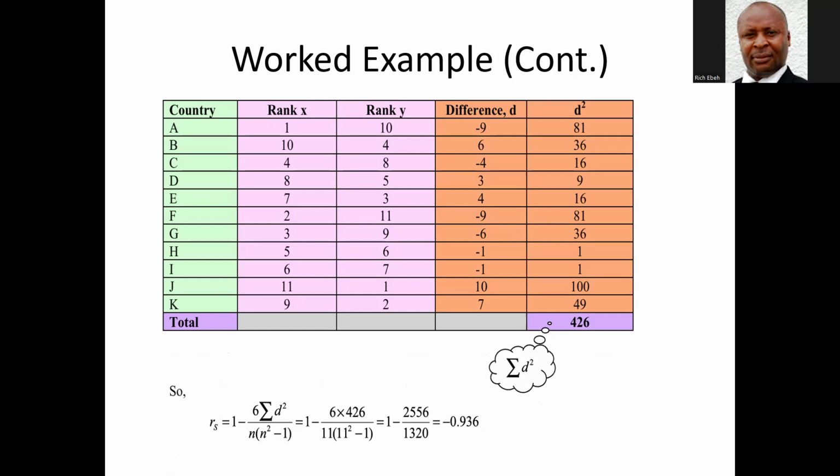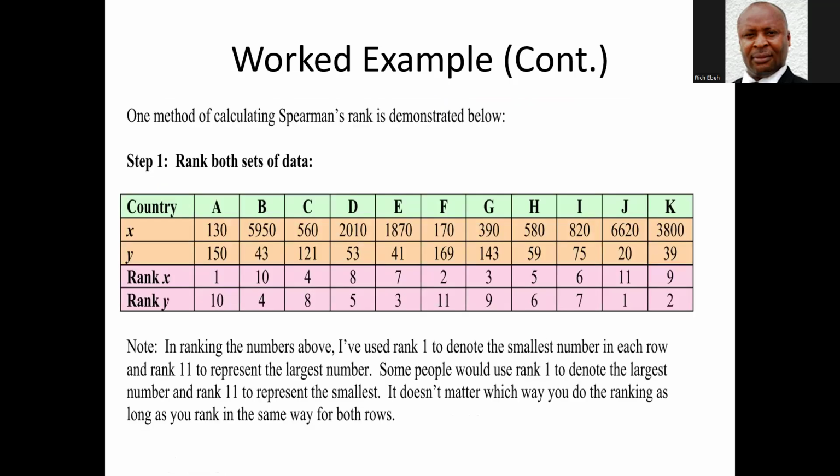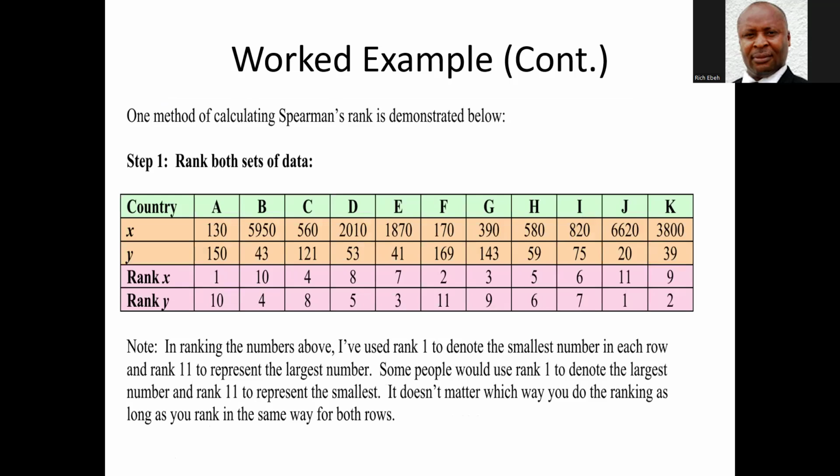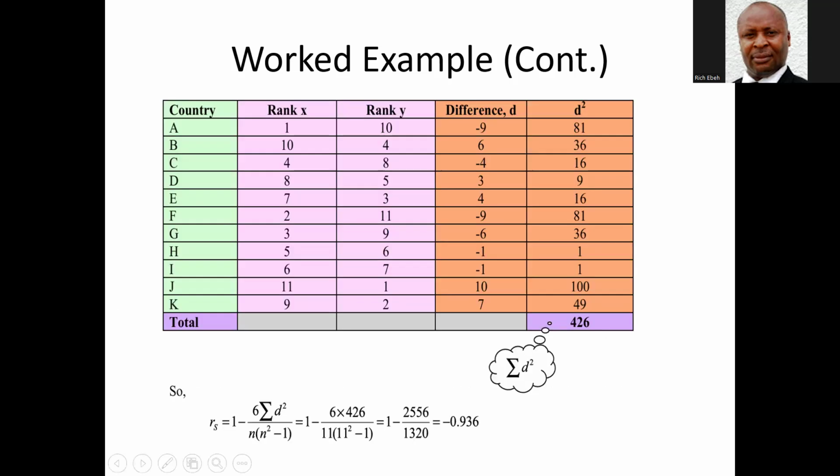And then we show rank X, which we have obtained before now. If you look at it, rank X is shown there. The same thing too with rank Y; we just put these figures as we obtained them.